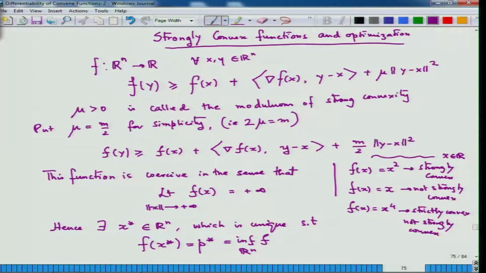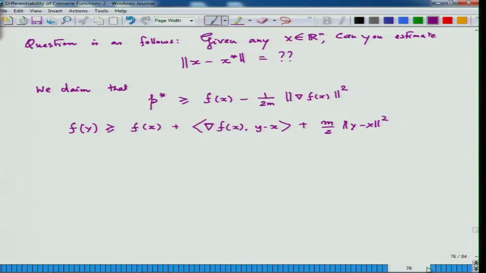So, here you see the differences. Now, look at this part. This can be viewed as a function of y for a fixed x, with x as the reference. I am viewing this part as a function of y.